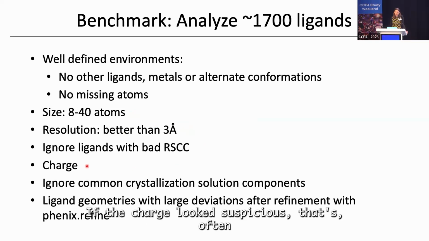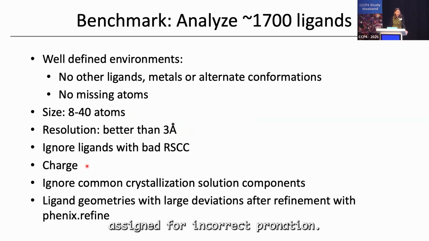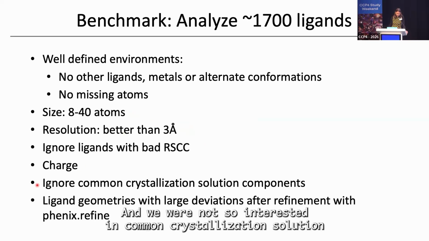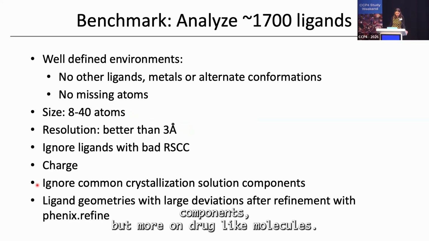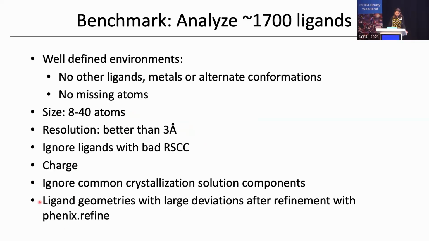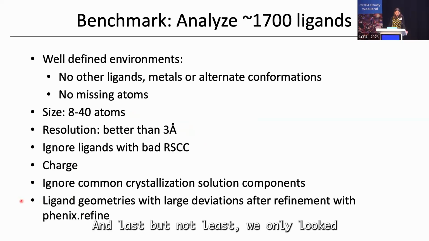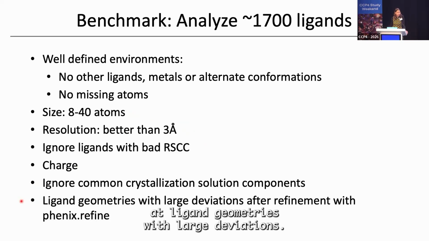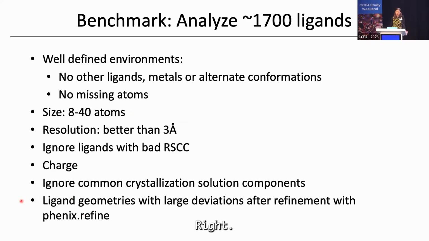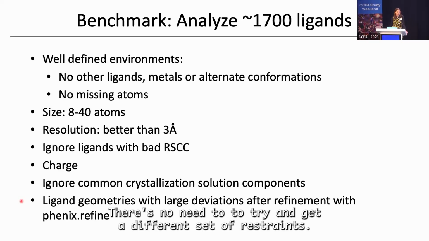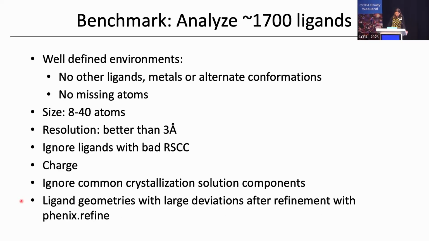If the charge looked suspicious, that's often a sign of incorrect protonation. And we were not so interested in common crystallization solution components, but more in drug-like molecules. And last but not least, we only looked at ligand geometries with large deviations, right? If geostandard restraints were fine, there's no need to try and get a different set of restraints.